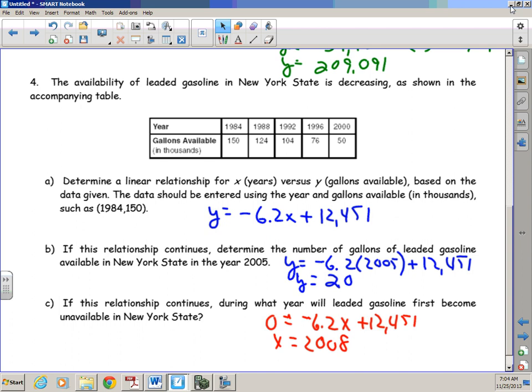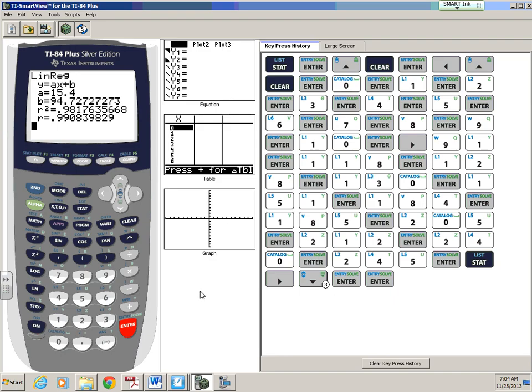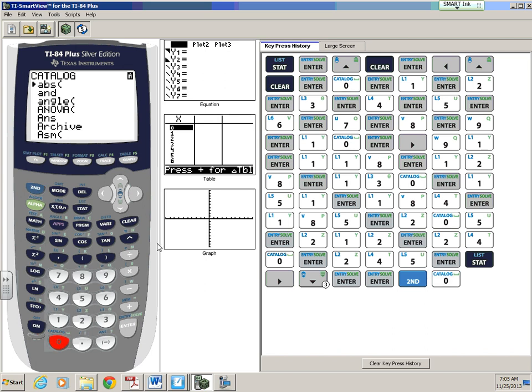Now, one other thing just to remind you of here, going back to the calculator: if your calculator doesn't call up the R, okay, then that means you haven't put what's called the diagnostics on. All right. And the way you would do that is you hit second 0, and you're going to come up with a catalog. And you're going to scroll down, and probably somebody will tell me a quicker way to get there than doing all of this. But you're going to move your cursor down to the word diagnostics on.